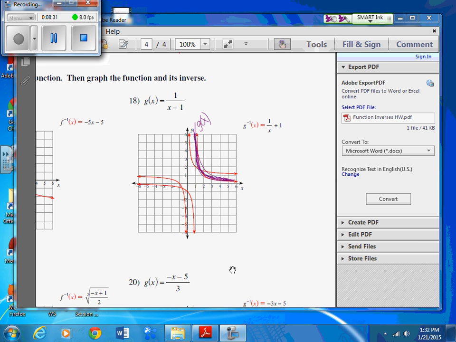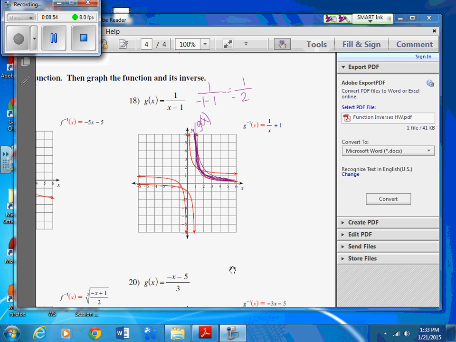Now, if we look at this, we can kind of pick a test point. Let's say I put x is equal to negative 1 in this. Well, I'm going to have 1 over negative 1 minus 1. So this is 1 over negative 2. So the point negative 1, negative 1 half has to go through this. So negative 1 half.